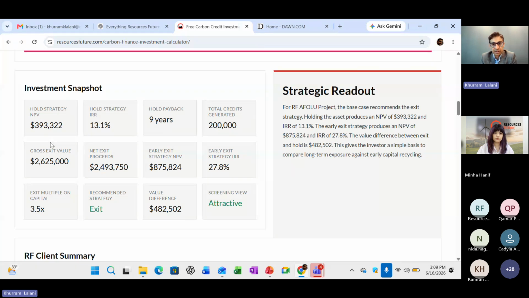Under the hold strategy, if I were to hold it out, $393,000 is my NPV at a discount rate of 10%. My IRR is 13.1%. My payback is roughly around 9 years. My total credits generated over those 40 years duration of the project is around 200,000.